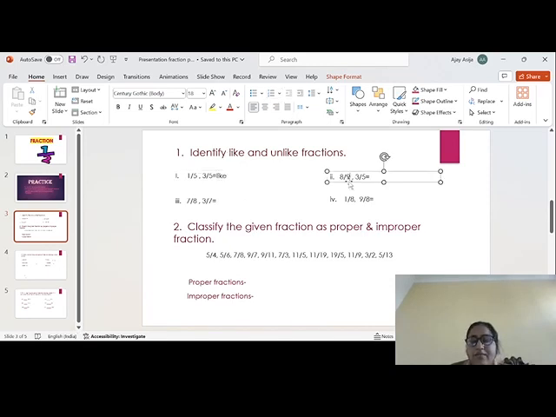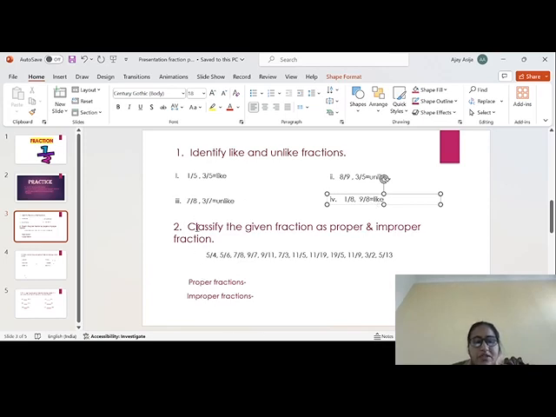In the second part we have different denominators. So these are unlike fractions. In the third part also denominators are different, therefore these are unlike fractions. In the fourth part denominators are same, so these are like fractions.